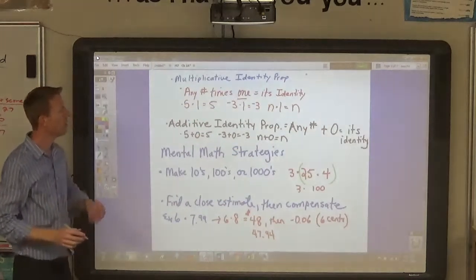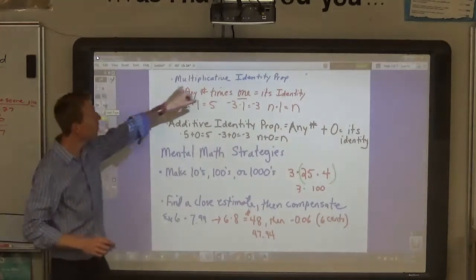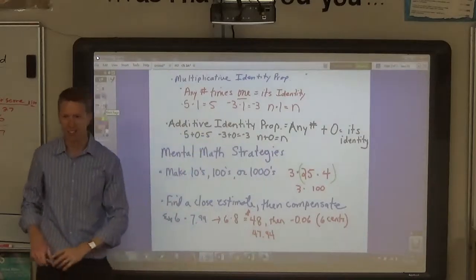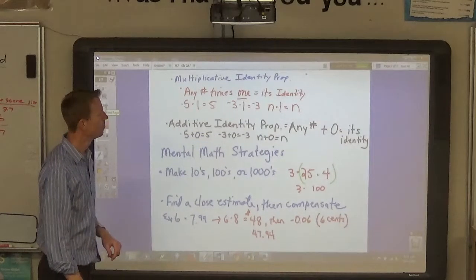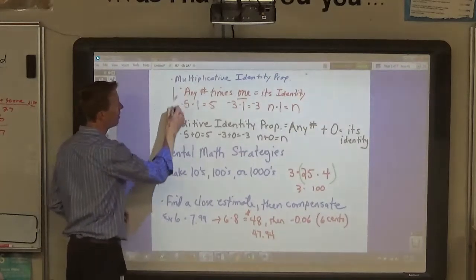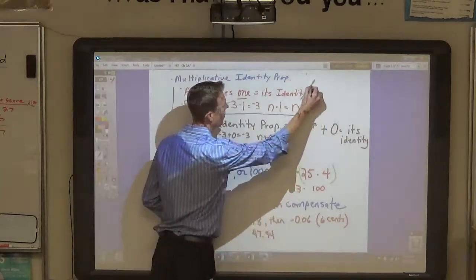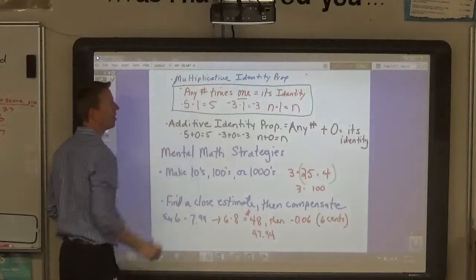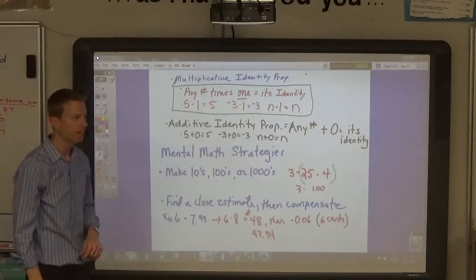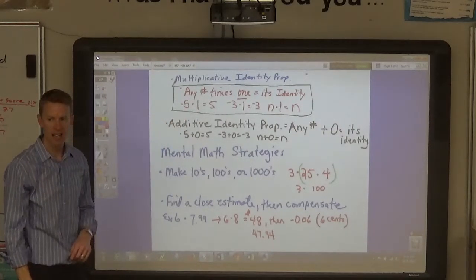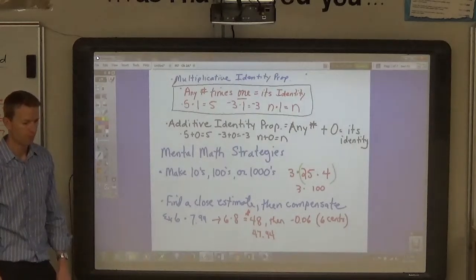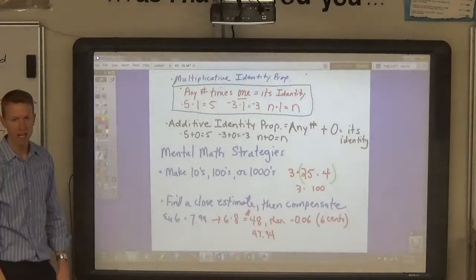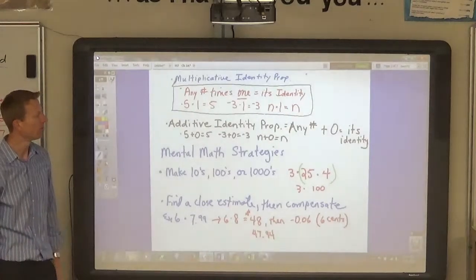There's some other properties you need to remember. The multiplicative identity property. Or you could just write this. Any number times 1 is its identity. It's the identity property of multiplication. Any number times 1 is that number.